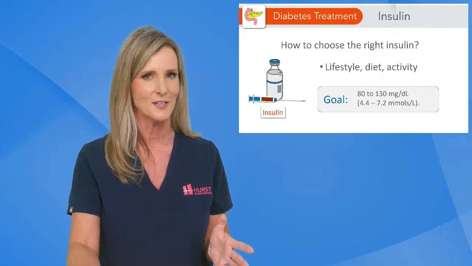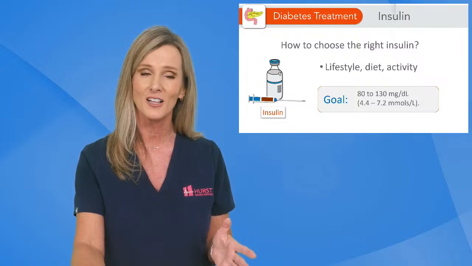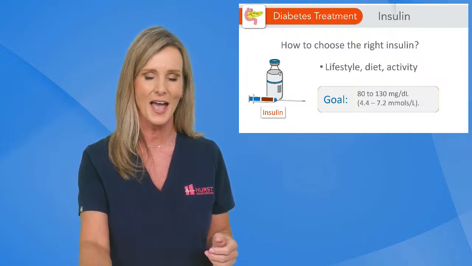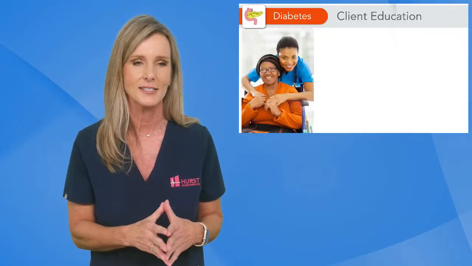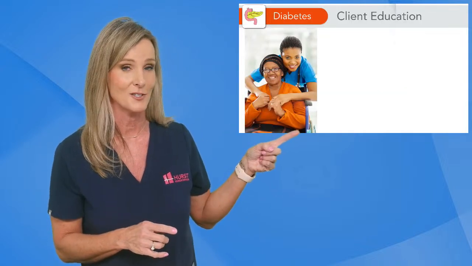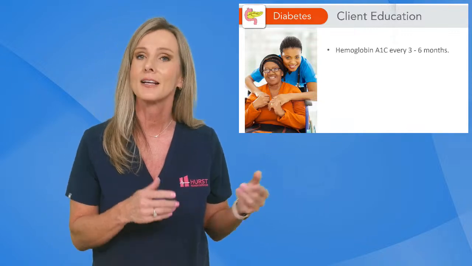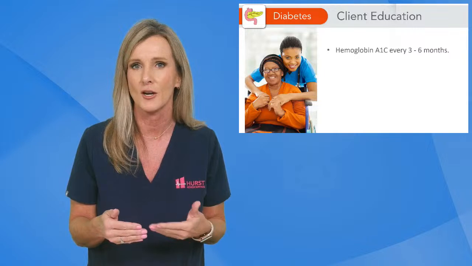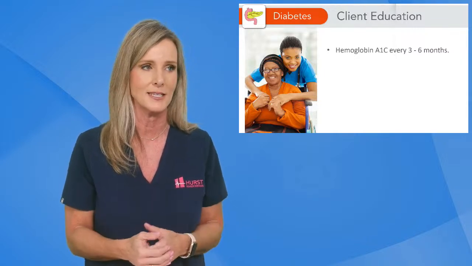You know what that is, don't you? Yeah, we know that this gives an average of what the client's blood sugar has been over the past 3 to 4 months. They will draw it, you'll see on the screen, it's going to say every 3 to 6 months because that's how often the healthcare provider may choose to prescribe this or check those hemoglobin A1C levels.